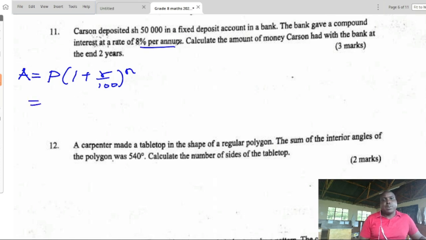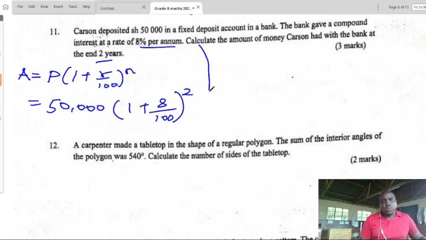Now I will substitute here 50,000 into 1 plus our rate, which is 8 over 100, raised to n. N is the number of years, which is 2. It is important for you to know this formula because now you are maturing in grade 8 and going to grade 9.